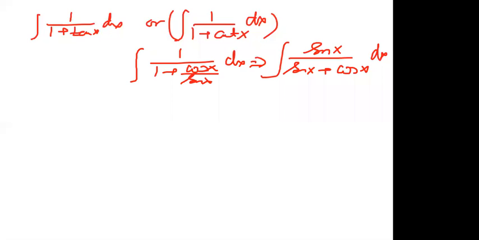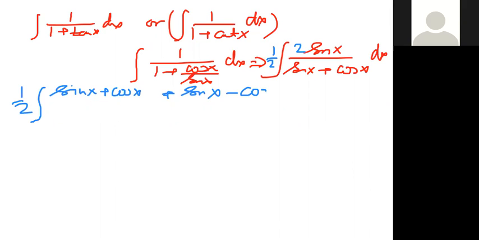Now what I'm doing, you try to understand, I'm multiplying by 2 and dividing by 2. So this could be written as 1 by 2. Now 2 sin x can be written as sin x plus sin x plus cos x minus cos x, whole upon sin x plus cos x dx.